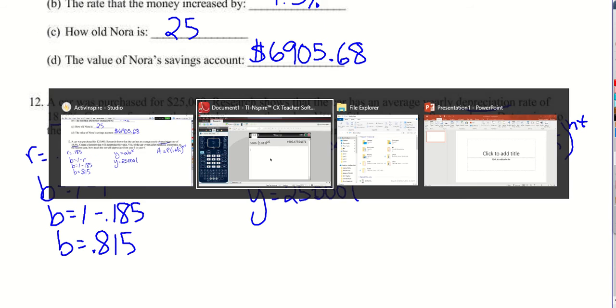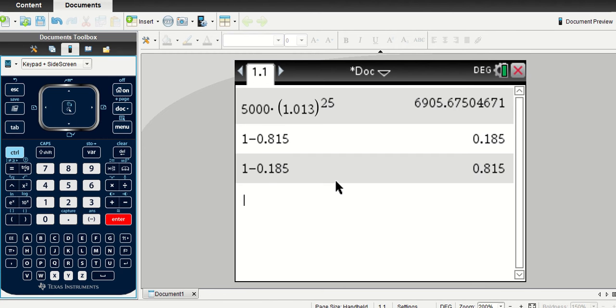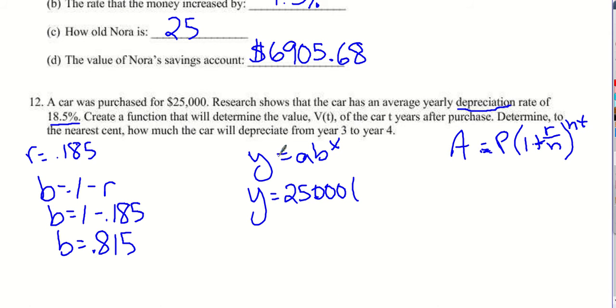And we can still grab our calculator for this. 1 minus 0.185 and we get 0.815. All right. So that's going to go in the parentheses, 0.815. And we want to know how much will the car depreciate from year 3 to year 4.